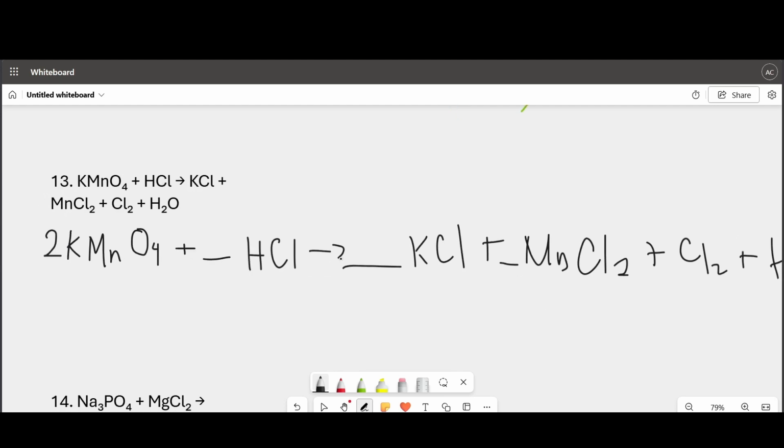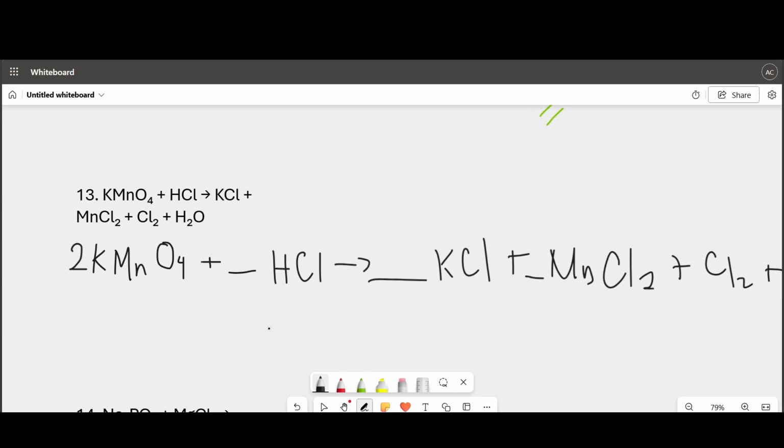So you would have to match the K and then chloride. Okay, let's first try to match potassium. Got two over here.